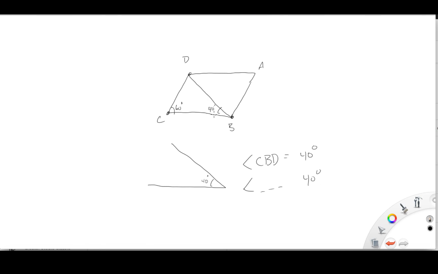Okay, well, we know, because these aren't square angles, that none of this is 90 degrees, but we do know that we can figure out what this angle is, because the interior of this whole triangle right here equals 180, and this whole triangle equals 180. So 60 plus 40 equals 100.